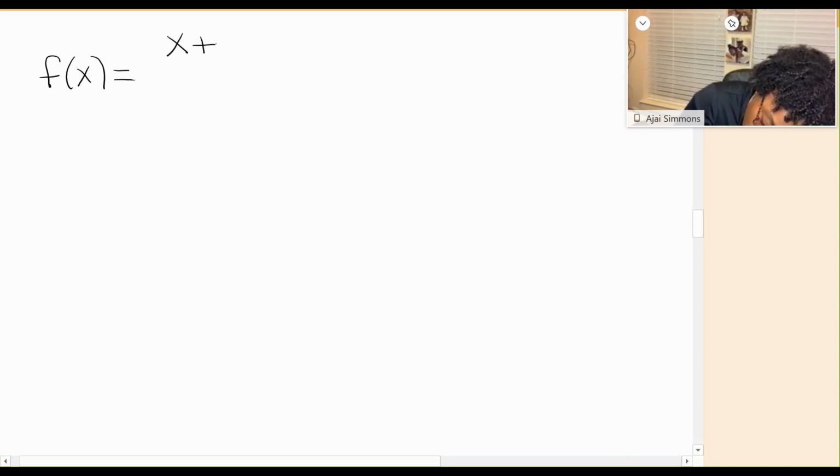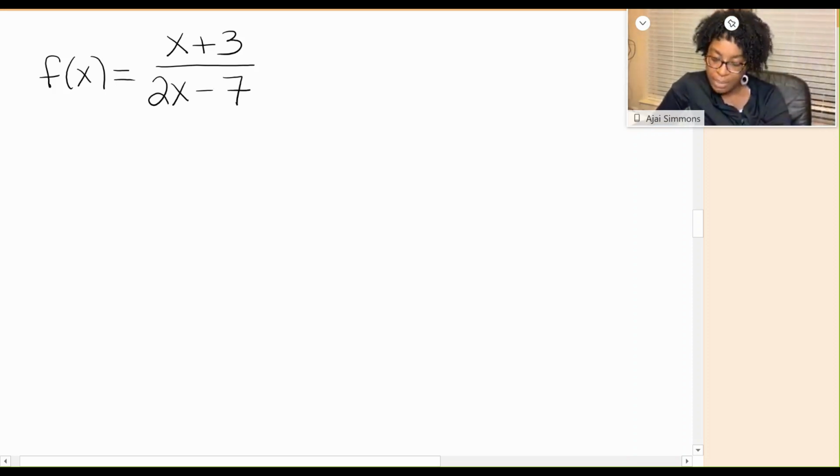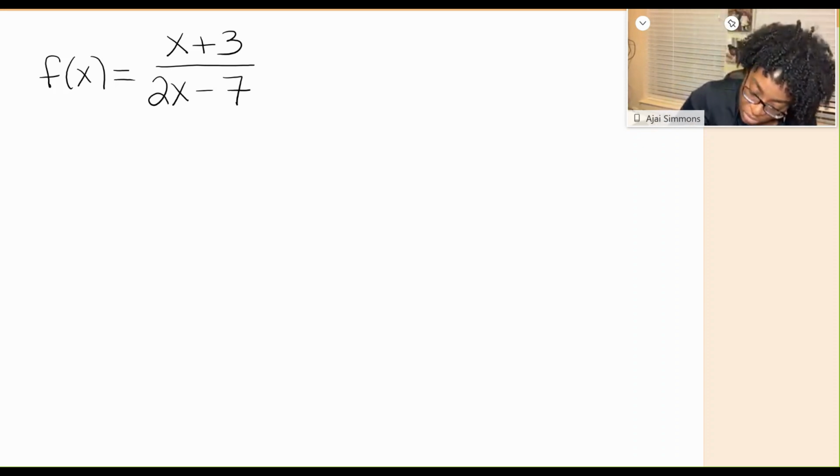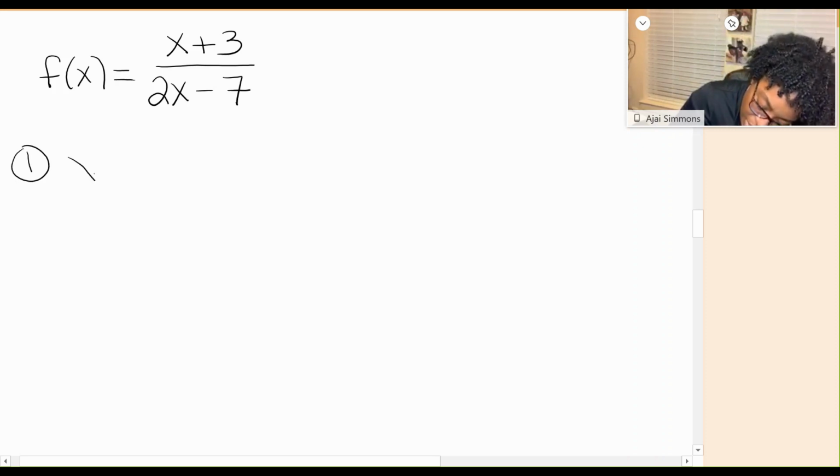I want to do one that has two x values in the fraction form, because I think this goes a little bit different than the previous one. But let's do step one, and that is replace the f of x with a y.